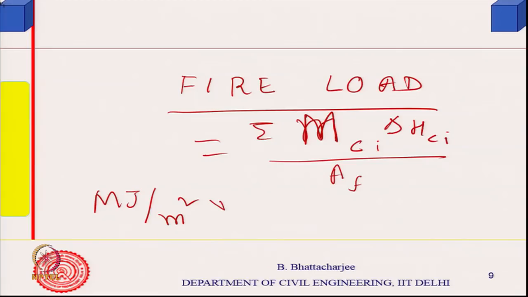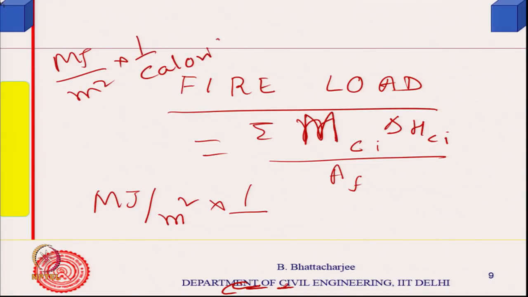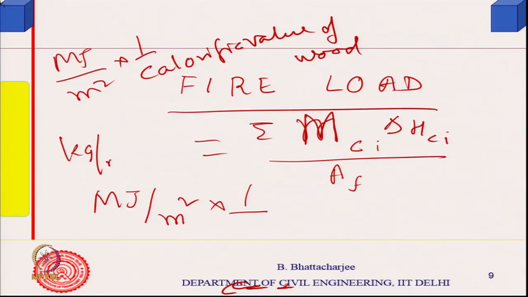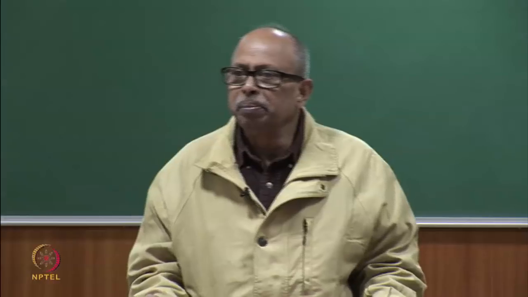So, the megajoule per meter square, which is the calorific value of all the fuel per unit area, if you divide it by the calorific value of wood, which will again be in megajoules per kg, you will get kg per meter square wood equivalent.